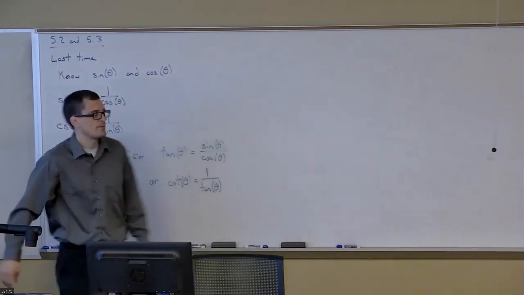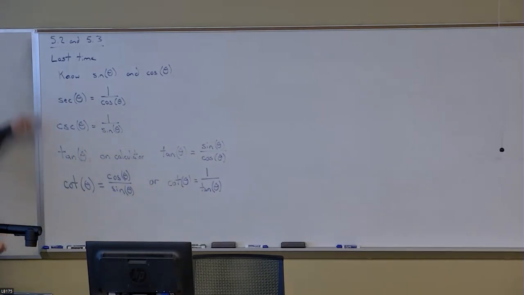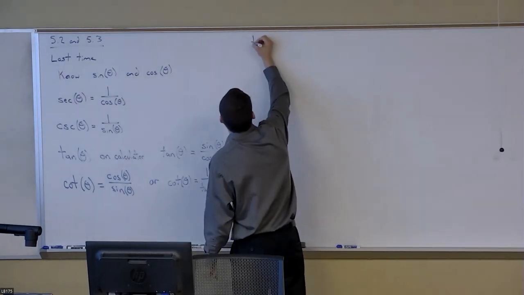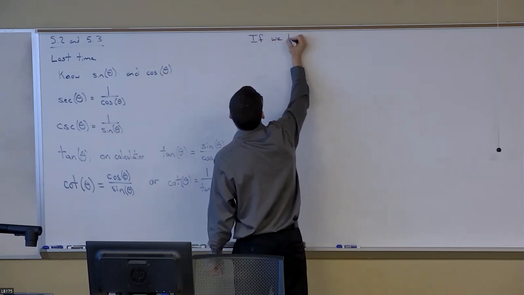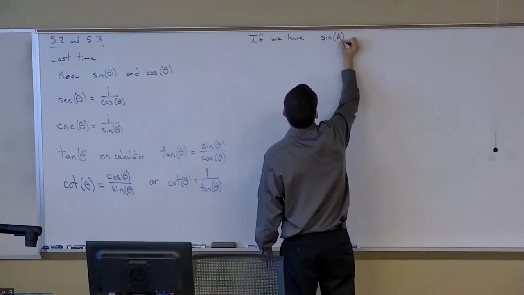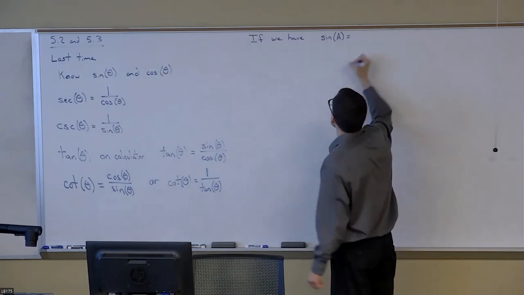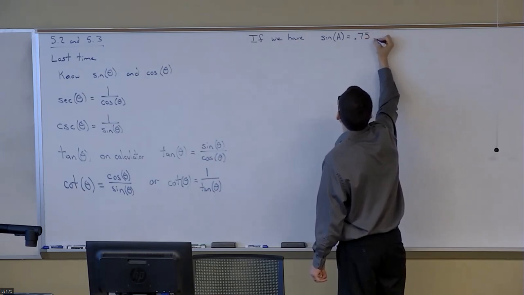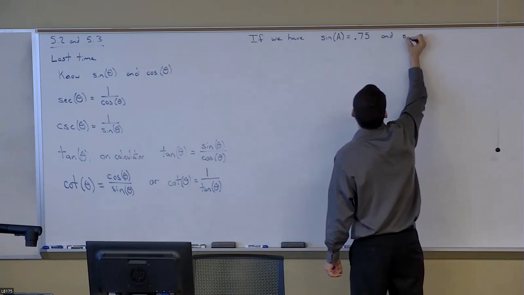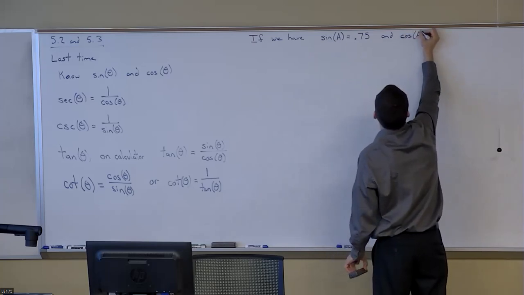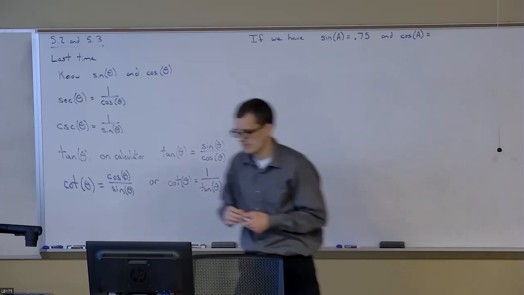Now, the other thing we can do, based on these relationships, is if I said that sine of some angle, I'll call this angle A, capital A, if sine of some angle A is 0.75 and cosine of that angle is some other number.